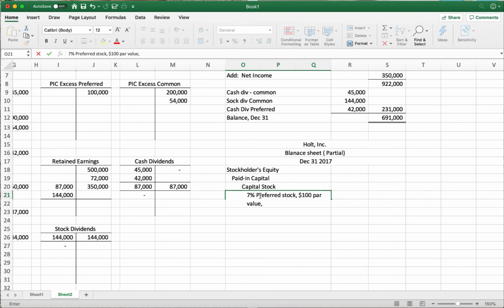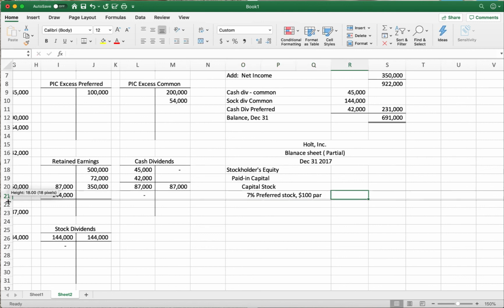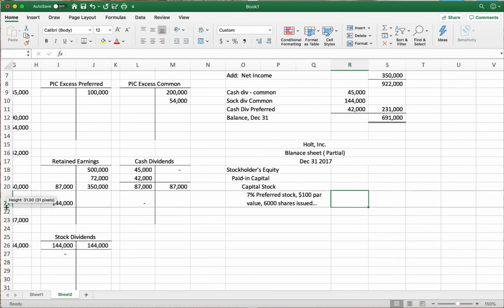How many shares do we have outstanding? Well, we have 6,000. There were 6,000 shares that were issued, right? They're issued and they're outstanding. I'm going to bring us down just a little bit so we could see everything.